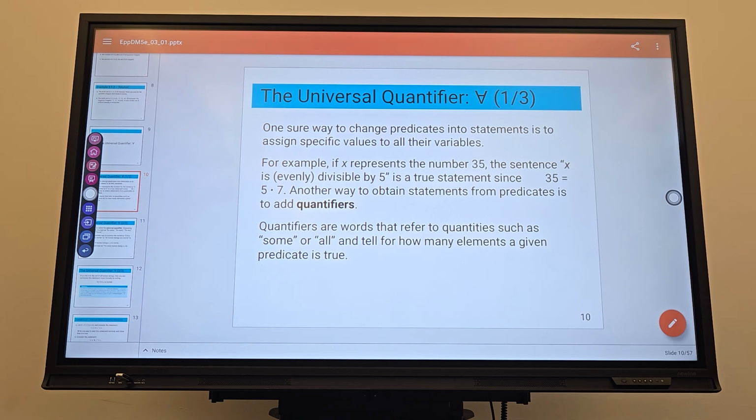Another way to obtain statements from predicates is to add quantifiers. Quantifiers are words that refer to quantities such as some or all, and tell for how many elements a given predicate is true.